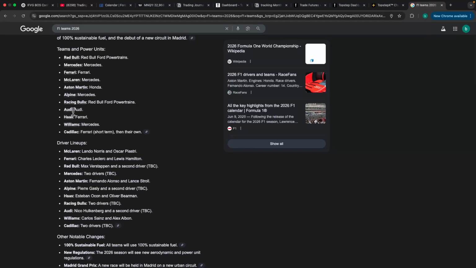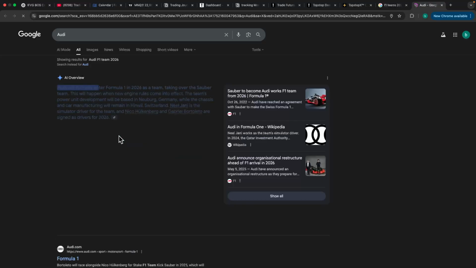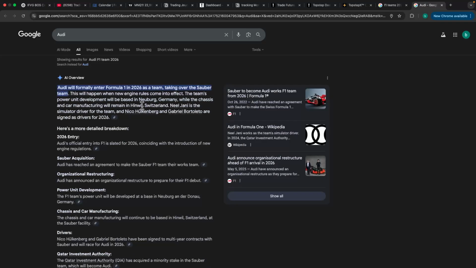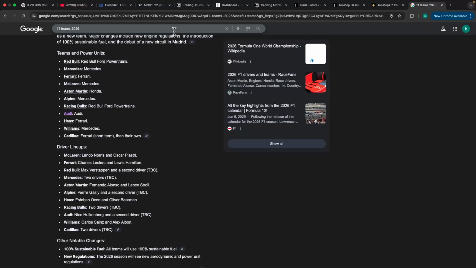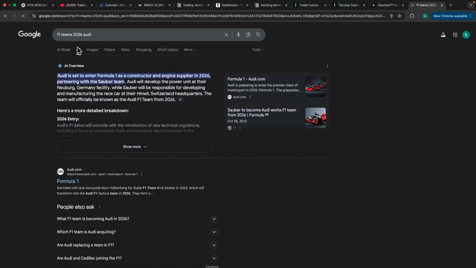What the fuck? Audi? Audi and Ferrari short term, then their own. What the fuck does that mean? They're driving for Ferrari on the short term. Audi will formally enter Formula One. This will happen with new engine rules coming into effect. The team is probably Germany based. I'm joking. Audi's my team, bro. Audi's the squad. Let me look at F1 teams 2026. Audi. Let's look at the car.